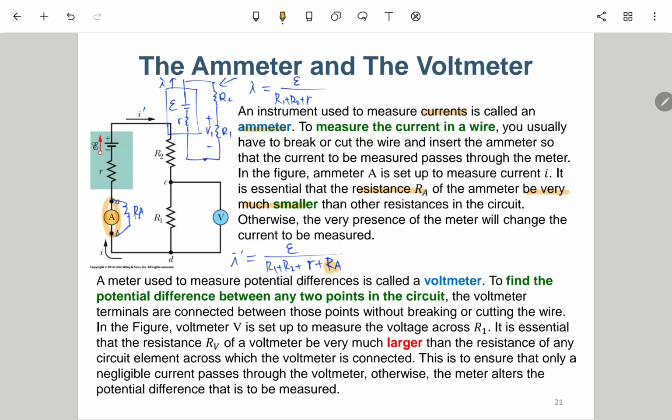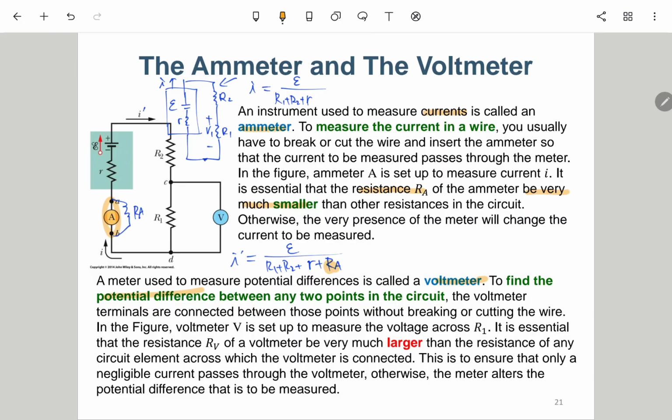Okay, so now we try to consider this V and just ignore the ammeter there. So this is the voltmeter. Simply speaking, the voltmeter is used to measure the potential difference between any two nodes.